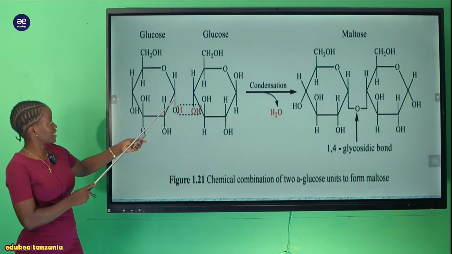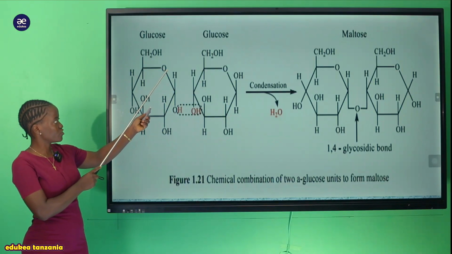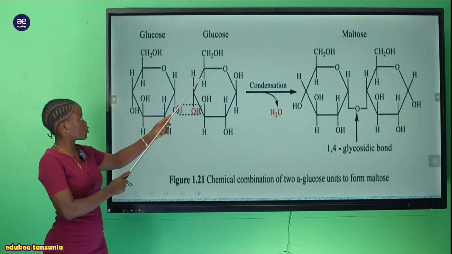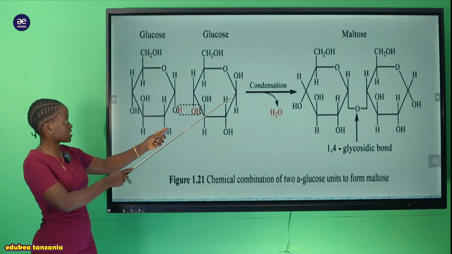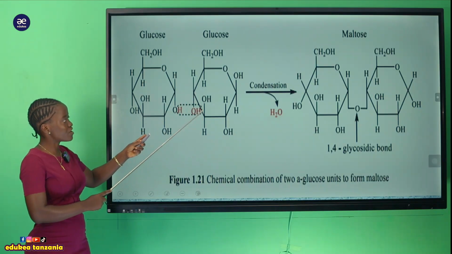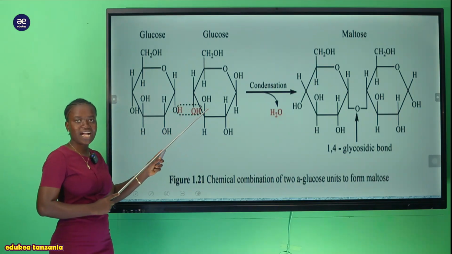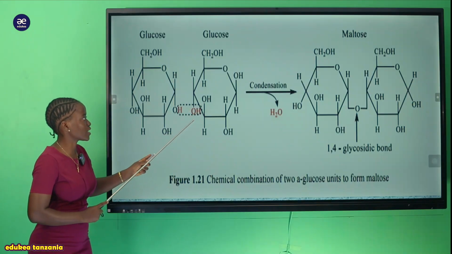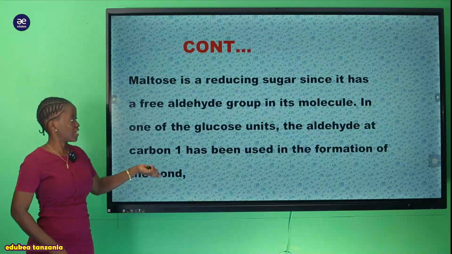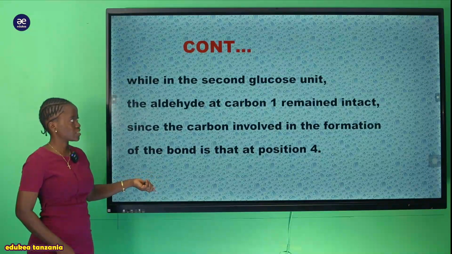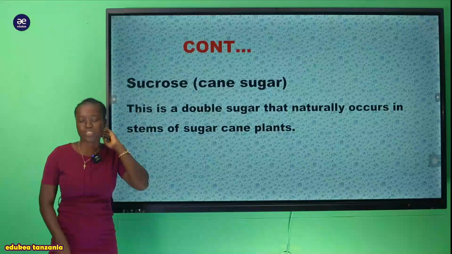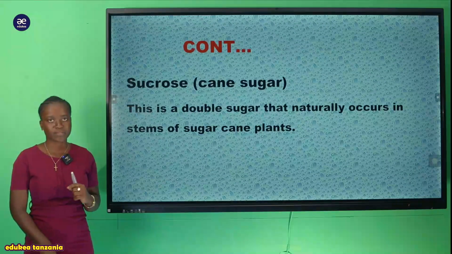Now you can see in carbon number 1, the aldehyde group remains intact. But in carbon number 4 of the second glucose, the hydroxyl group donates and loses water in the structure. So that's the explanation, and that's all about maltose.